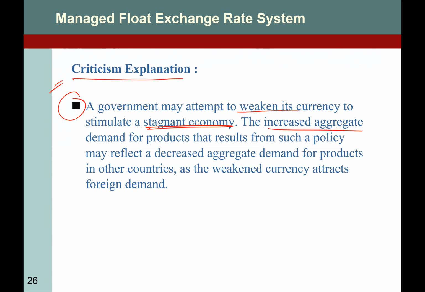The increased aggregate demand for its products that results from such a policy may reflect a decrease in aggregate demand for the products in other countries as well, as the weakened currency attracts foreign demand. So when you decrease the currency, your exports are going to rise and your imports are going to decrease, and you stimulate the country through an economic boom.